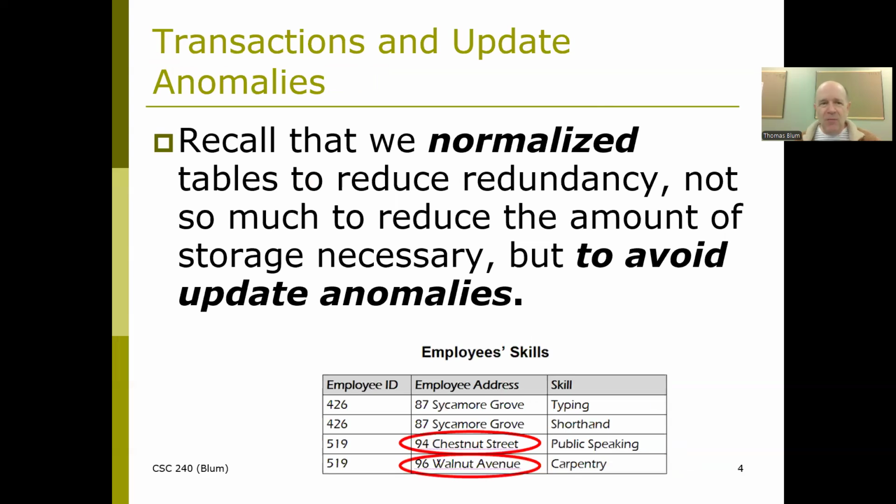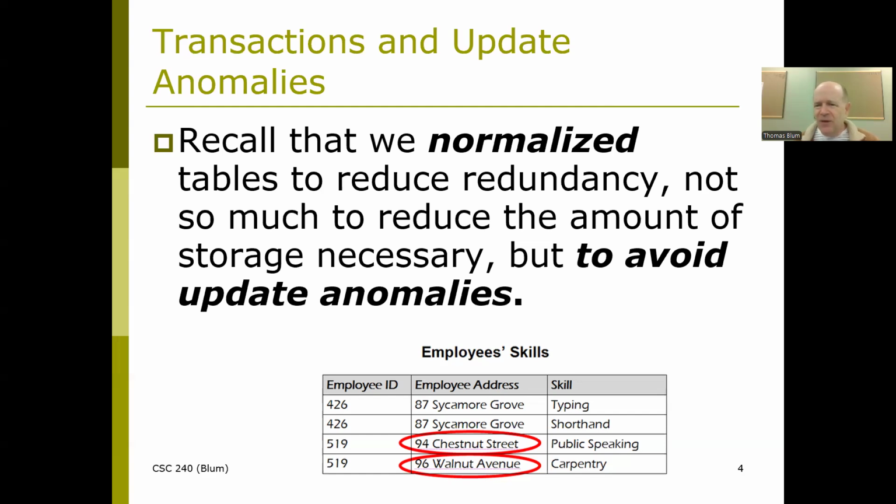Okay. Another thing we want to worry about is that transactions should not cause any anomalies. Now, one thing we did to avoid anomalies was normalize. So, just to remind you of normalization, another thing that is meant to avoid anomalies: we had this idea of data in tables, and then we broke the tables down into smaller tables to get rid of some redundancy.